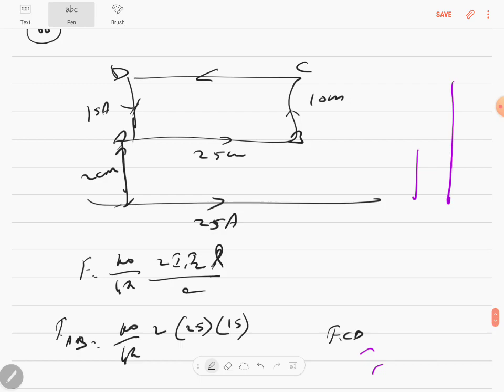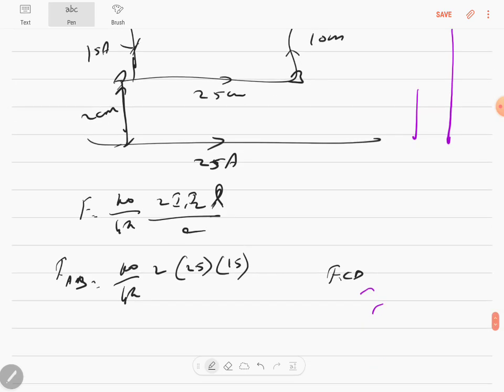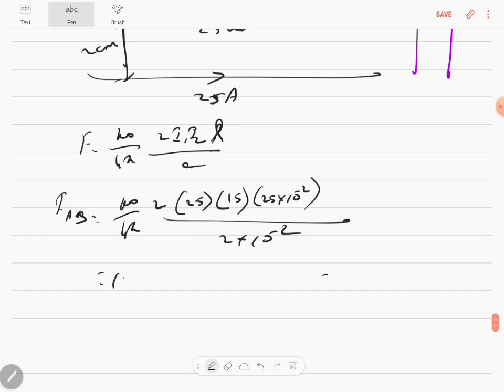You can't possibly take the longer wire; you have to take the shorter length, which is 25 into 10 to the power minus 2, by a, the separation between them, which is 2 into 10 to the power minus 2. Mu naught by 4 pi is 10 to the power minus 7, because mu naught is 4 pi into 10 to the power minus 7, so 4 pi gets cancelled. The 10 to the power minus 2 cancels, and 2 also cancels.